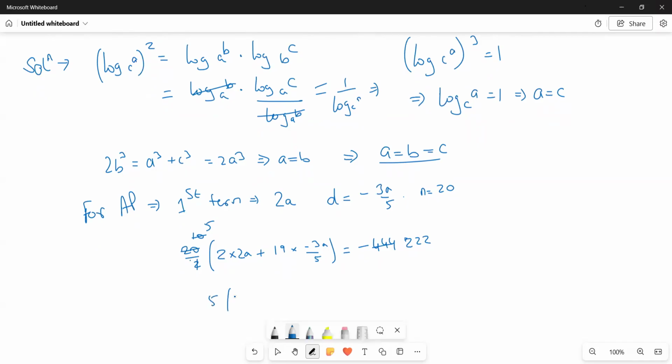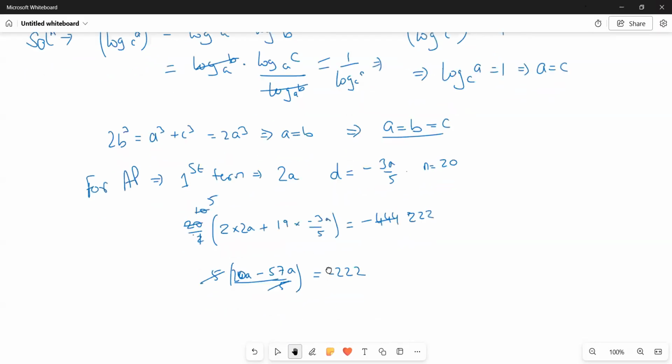We'll have 5 times 4A minus 19, 3s are 57, A by 5. तो ये इधर जाएगा तो ये 20 हो गया, ये 5 कैंसिल हो गया, is minus 222.